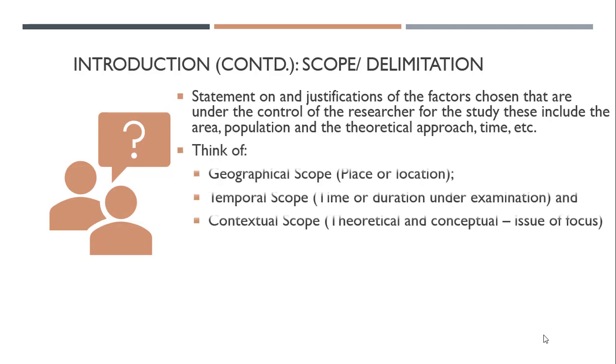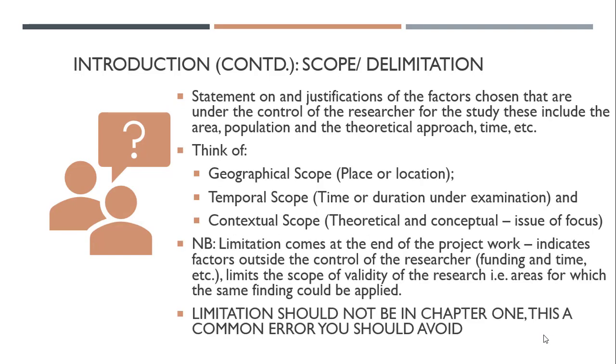Now, the other aspect is the scope or delimitation, depending on what they call it within your area of work. Some might say scope, some might say delimitation. What this captures is a justification of the factors you have chosen that are under your control for the study.